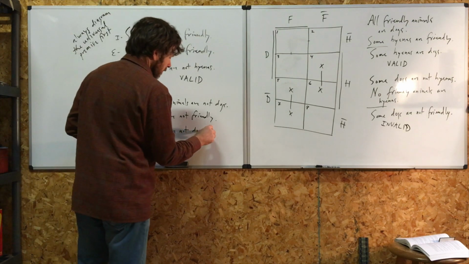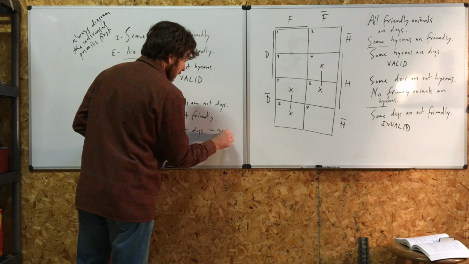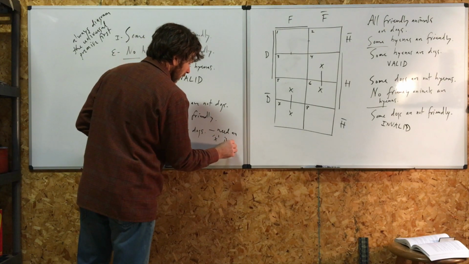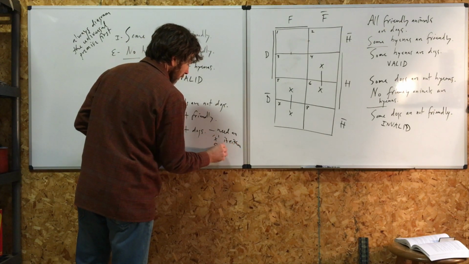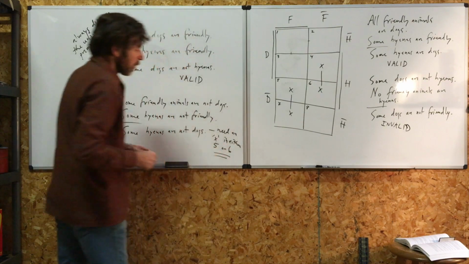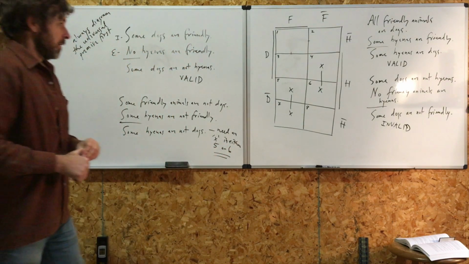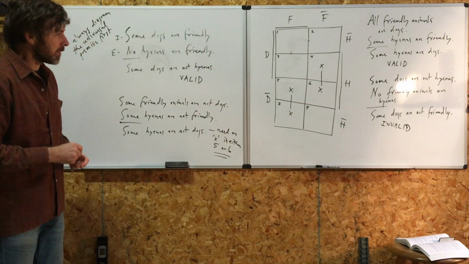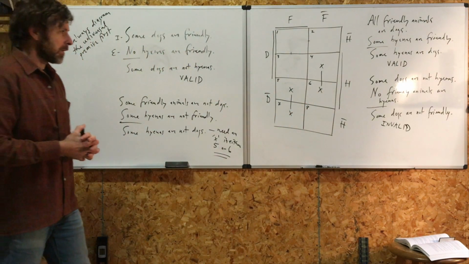Okay? For this to be guaranteed, you need an X in either 5 or 6. It doesn't matter which one. As long as you have an X in one of these, then the conclusion follows. The conclusion is guaranteed. But let's look at this.